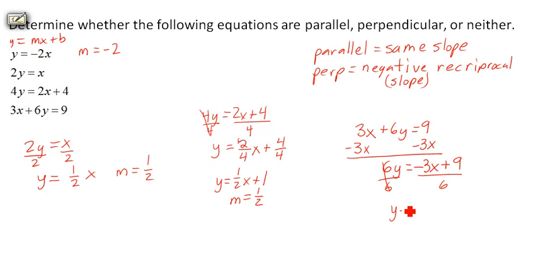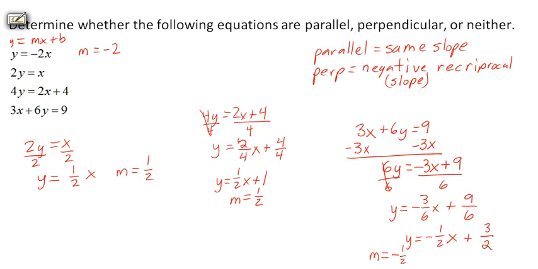So y equals -3 over 6x plus 9 over 6. So y equals -1/2 x plus, let's see, 9 divided by 6. 9 is divisible by 3, as is 6. So plus 3 over 2. So now that we've found the slopes for each of these, the slope of the last one is -1/2.